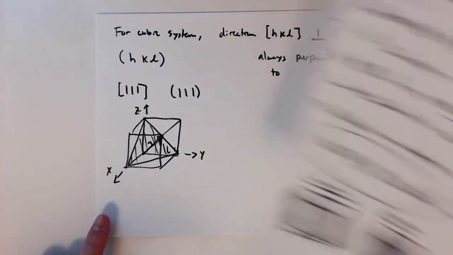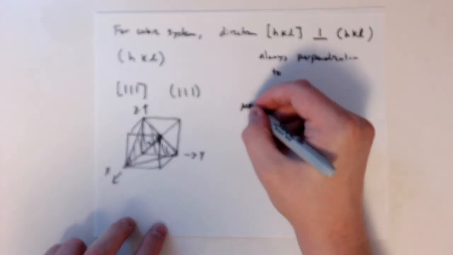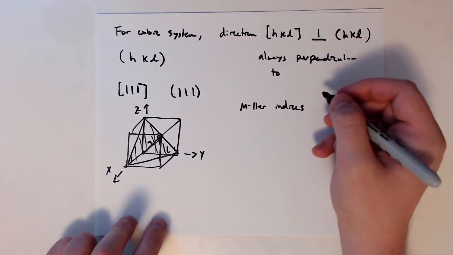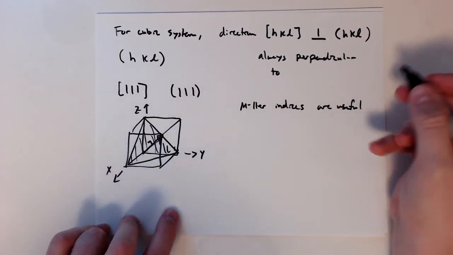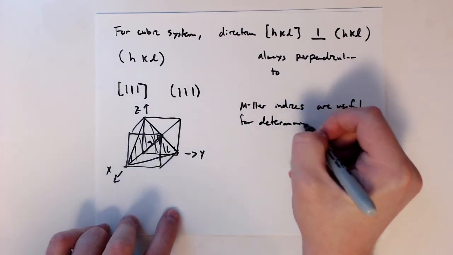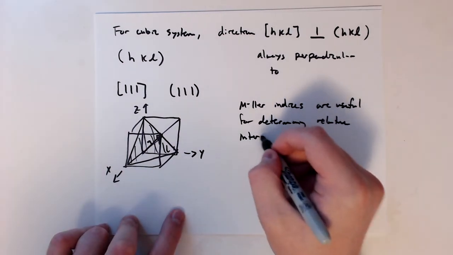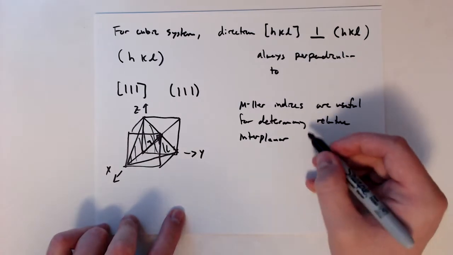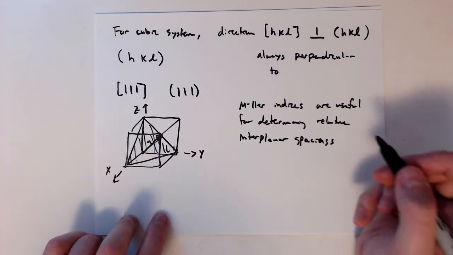So the last comment I have is that these Miller indices, excuse me, are useful for determining relative interplanar spacings. So interplanar is that d spacing we talked about, the spacing between equivalent planes.